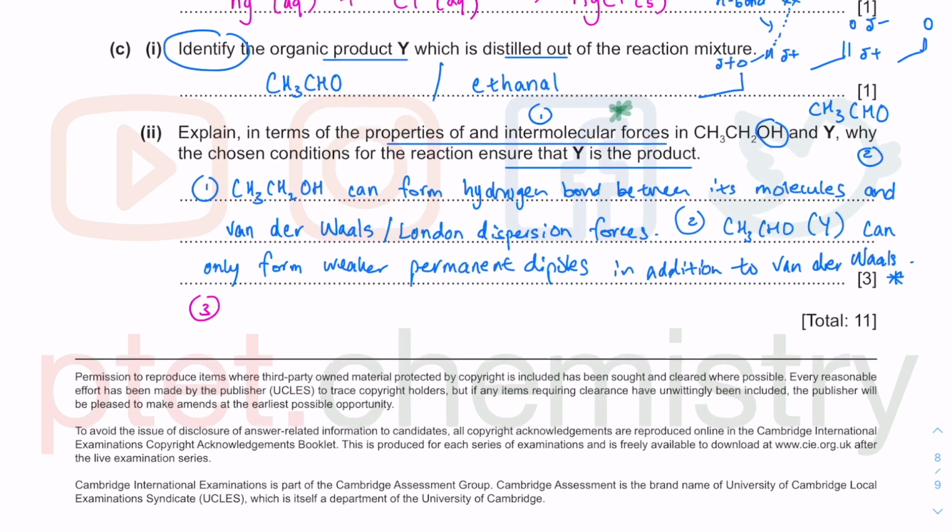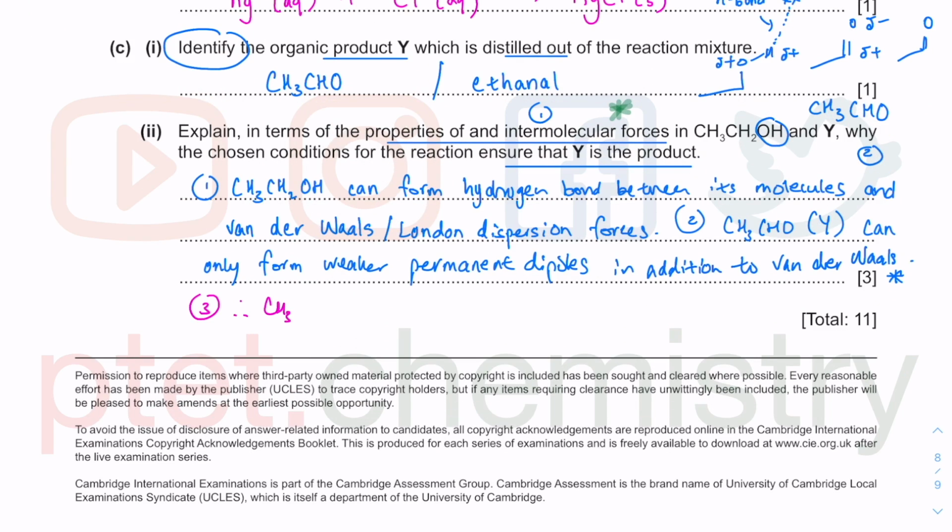Now we can say that therefore the CH3CH2OH will boil at, well, in fact it is the aldehyde that will boil first. The CH3CHO will boil at lower temperature. As I already talked about, the weaker permanent dipoles, and this one can form the much stronger hydrogen bond compared to these weaker permanent dipoles.